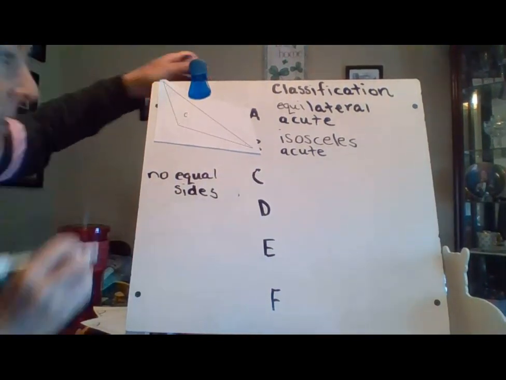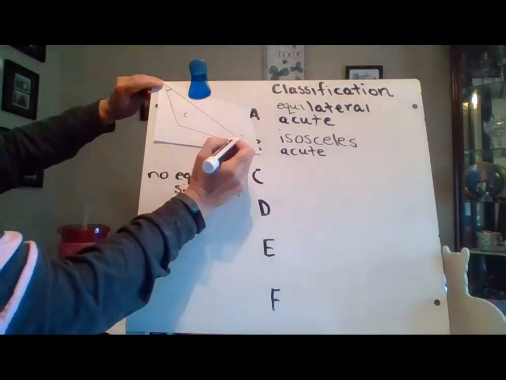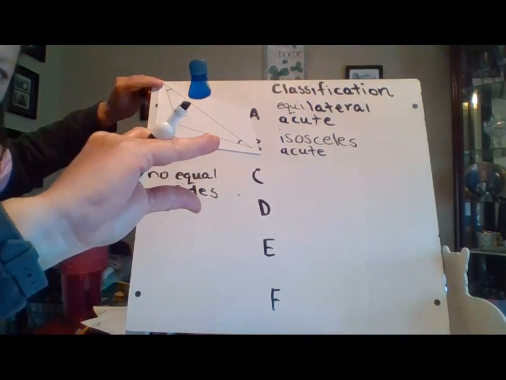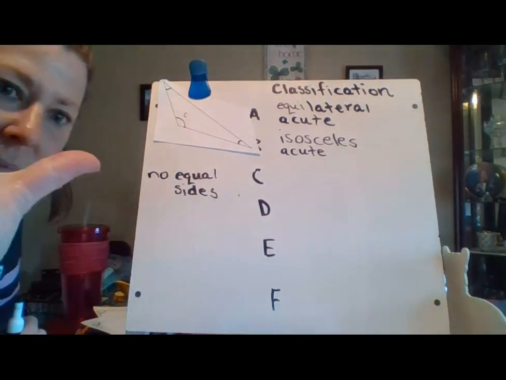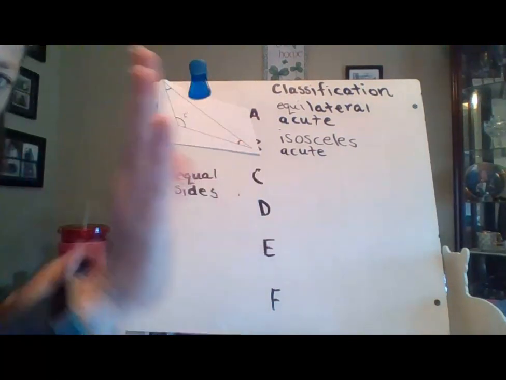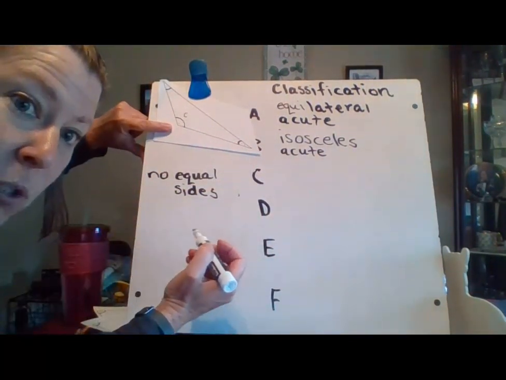Now let's look at the angles. Little one, little one, whoops, a wide one. It has one obtuse angle.